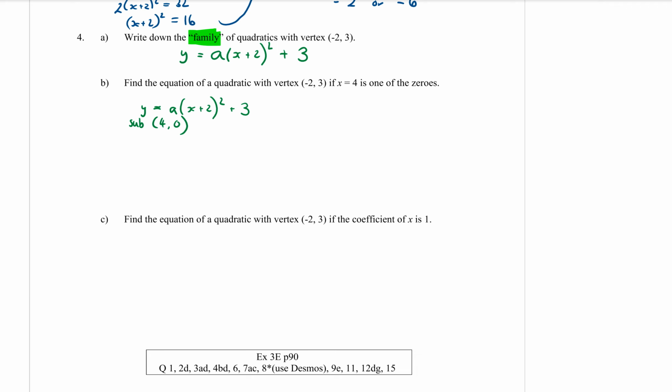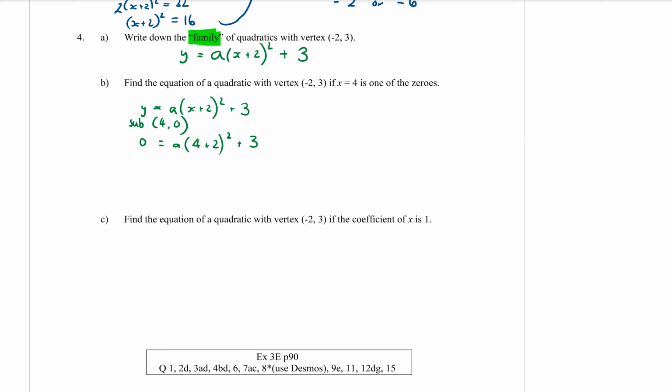The x value is the 4 and y equals 0, so it's right on that axis. If I sub that in, I can find the a. Let's do it. So y is 0. We have a bracket, x is 4, so 4 plus 2 in brackets squared plus 3.